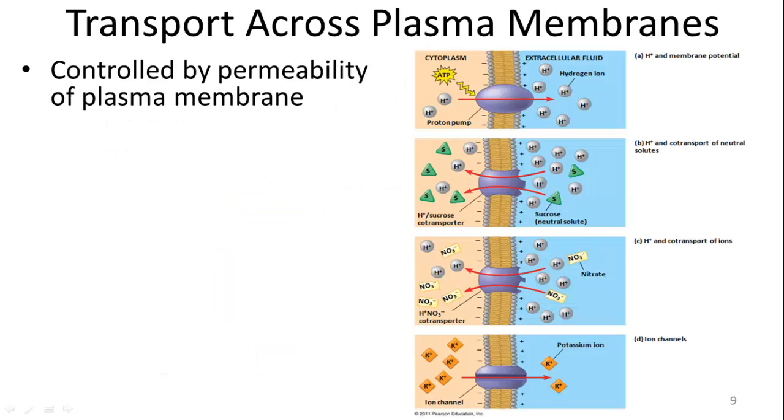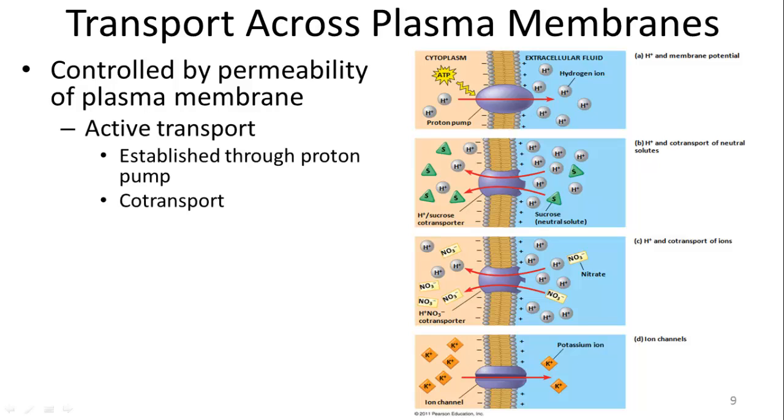All right, so the overall transfer of fluids is controlled by the permeability of the plasma membrane. So we'll have to go back to Bio 1 to remember some of the ways that water and minerals are transported. They can be through active transport, which requires ATP. And in plants, we use a proton pump.